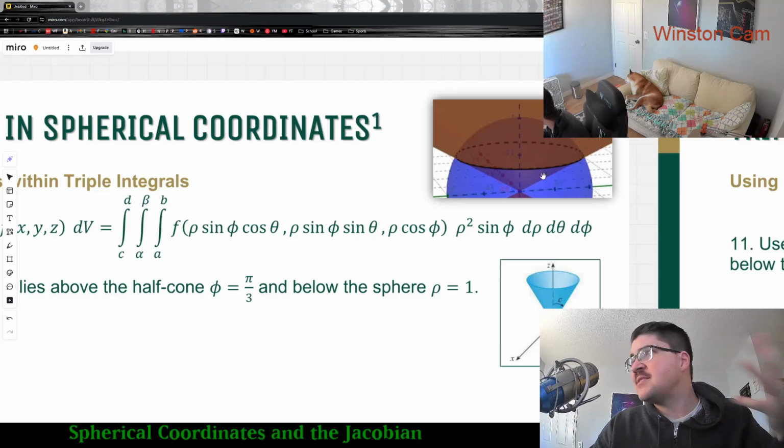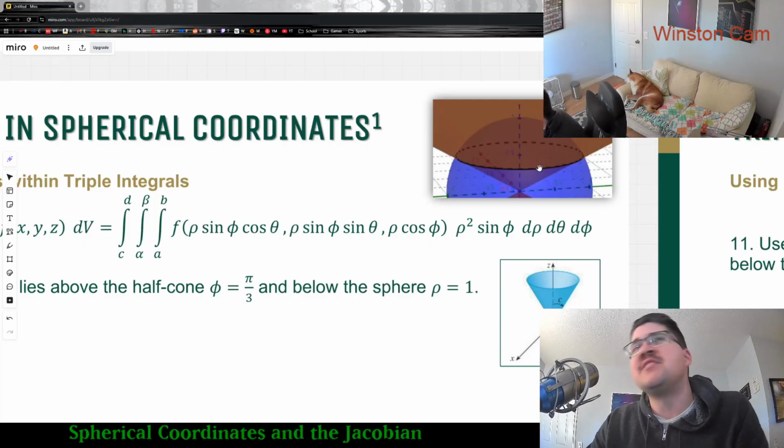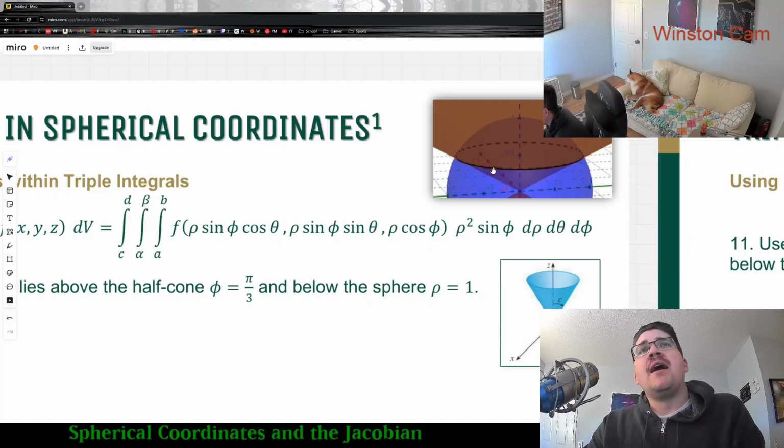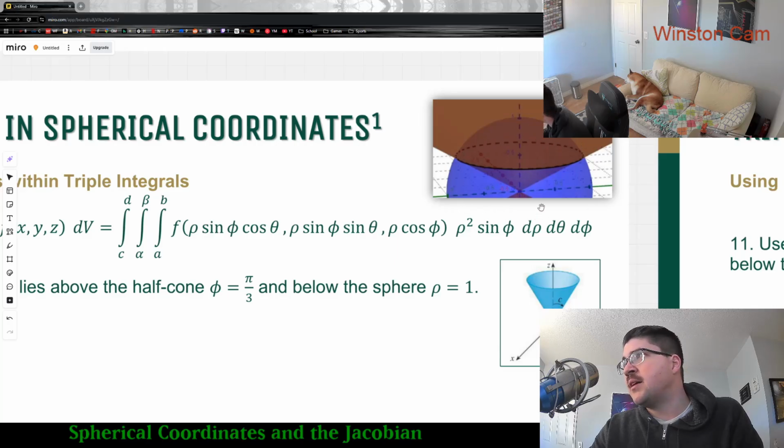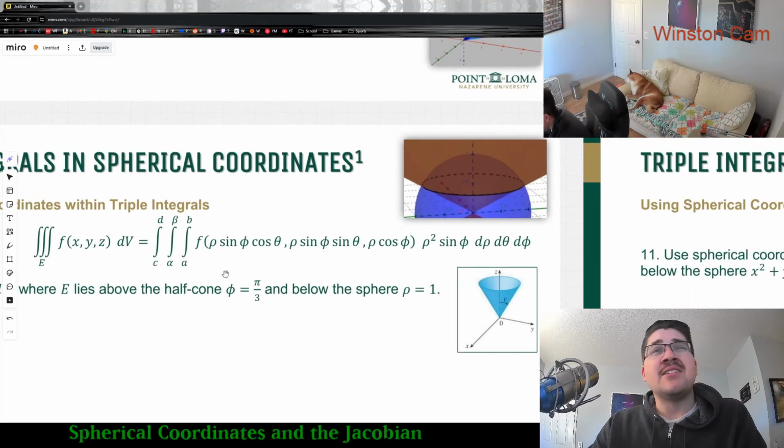Essentially this problem is like finding how much stuff is in an ice cream cone. We have a 60-degree angle here for our cone itself. But also our sphere, which is in blue, so imagine we're having blueberry ice cream or whatever. Imagine we filled our cone up with a nice scoop sticking off the top of that cone. And in this question, that's essentially what we're trying to find.